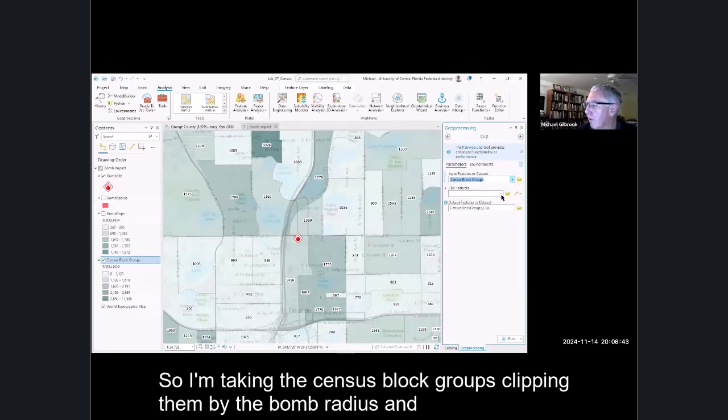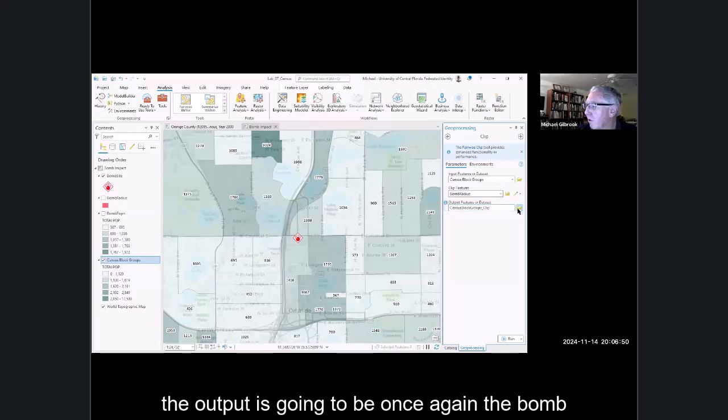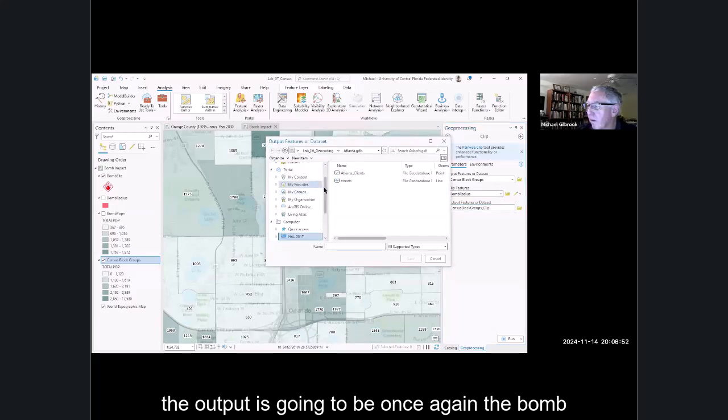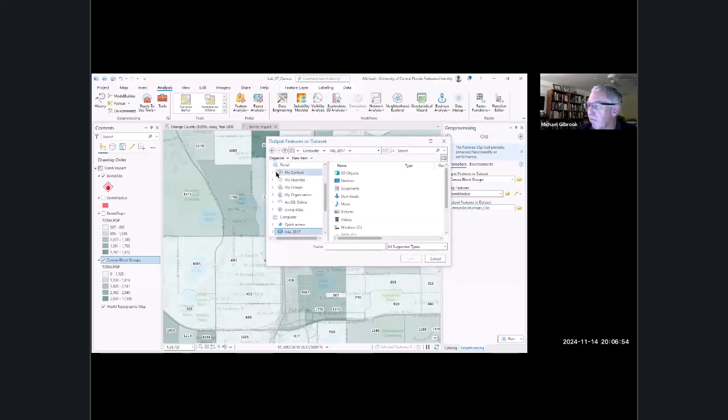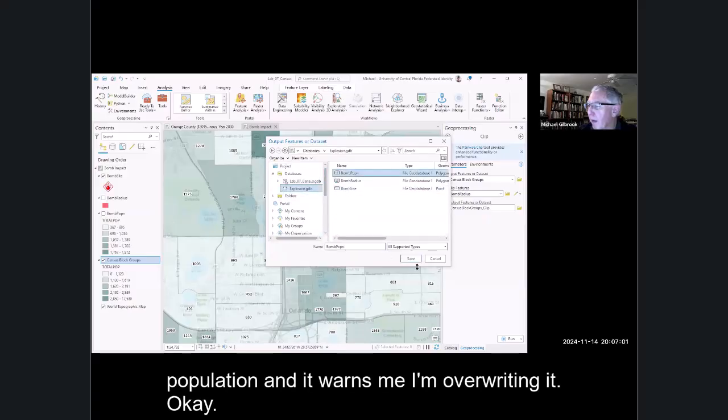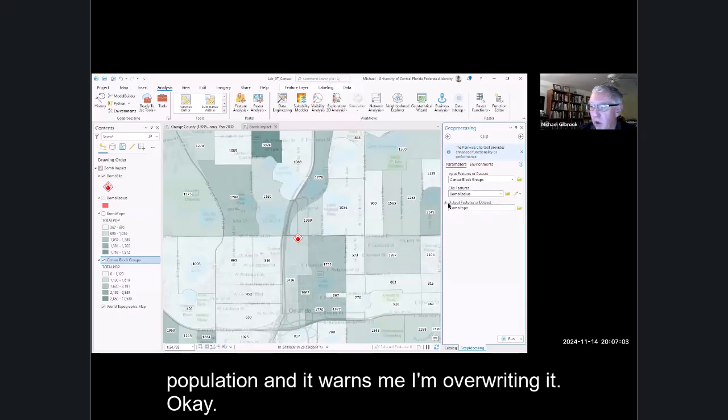I'm taking the census block groups, clipping them by the bomb radius, and the output is going to be, once again, the bomb population. It warns me I'm overwriting it. It's okay.